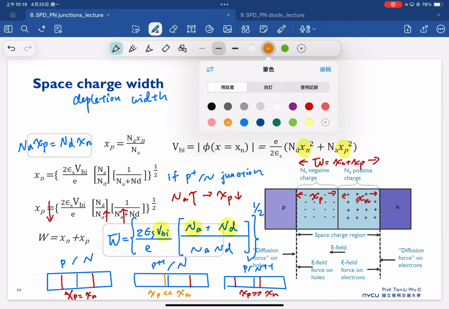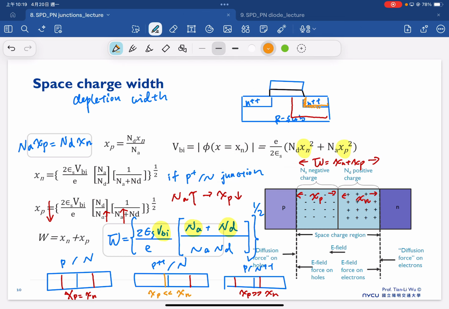So in this case, we will have Xn much smaller than Xp, because normally we make a very high doping in the drain and source, but for the substrate we will make a little bit lower doping, because we don't want a very high threshold voltage.